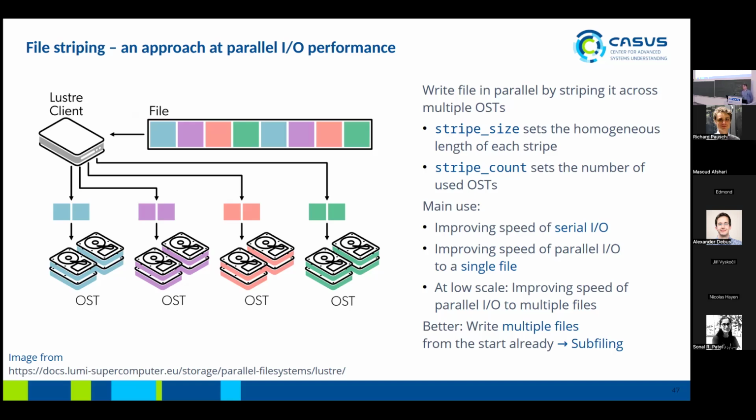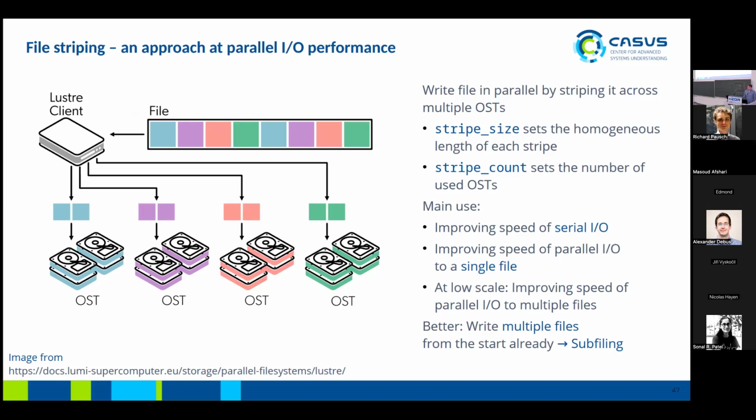Stripe size refers to the size of each block within your data. So for example, set that as 1 megabyte, where data is then split and the next block is written to another storage target. And stripe count, usually a number between 2 and 4, is then the number of storage targets that are going to be used by the file system.